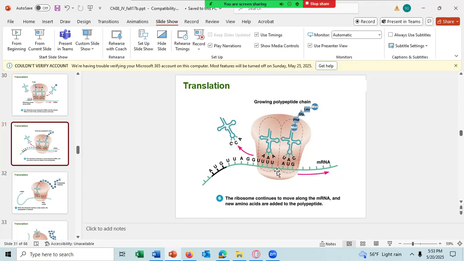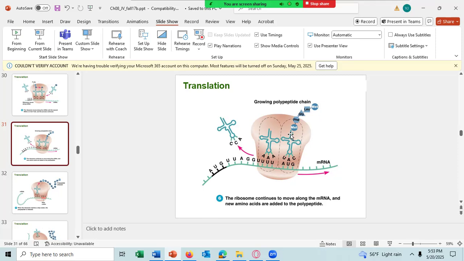And this creates a growing polypeptide chain as the amino acids keep being added to the added amino acid, meaning the latest newly added amino acid on the tRNA. And you can note here that AUG in this position is not coding for starting the protein.